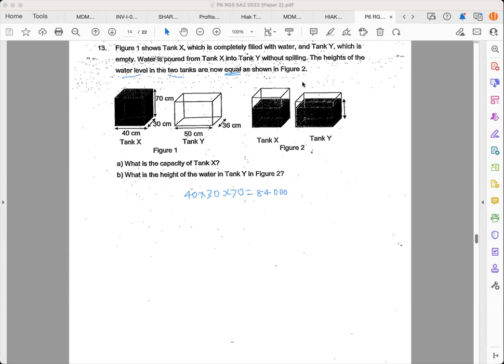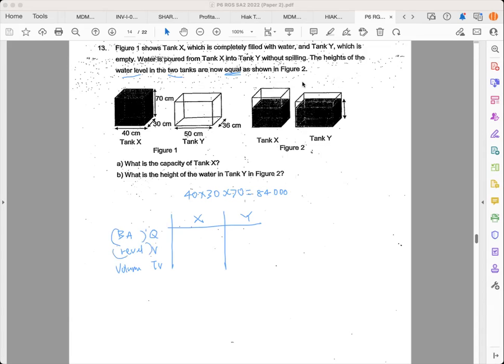So let me show you what the quantity value table is. X, Y. So this is quantity, which in this case is base area, value, in this case water level, and total value, in this case volume. Okay.